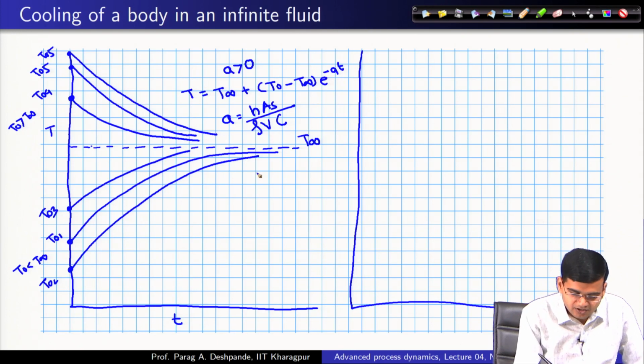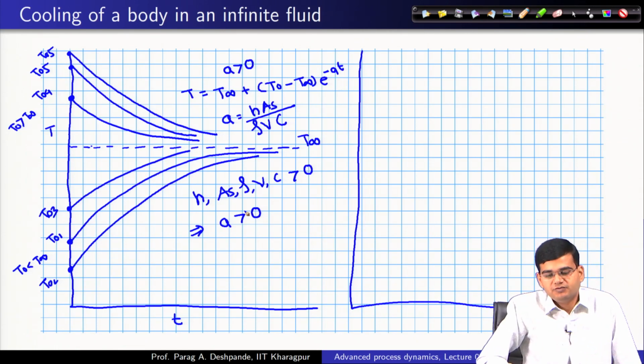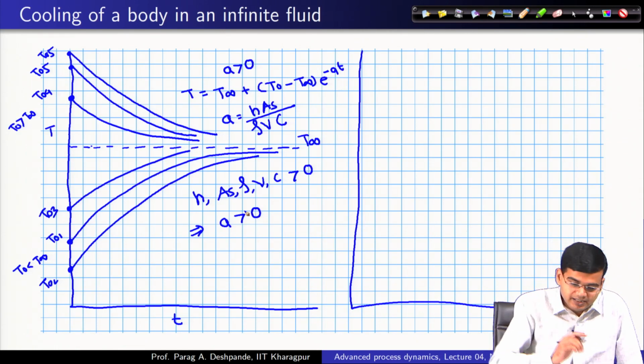Now, all of these quantities, heat transfer coefficient, surface area, rho which is the density, volume, specific heat, they are all greater than 0, which means A would always be greater than 0, right.